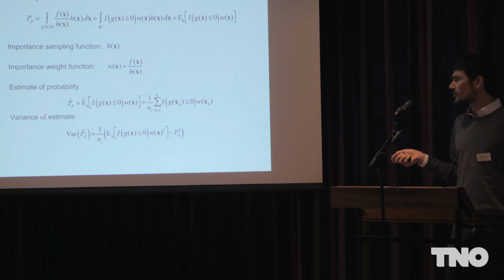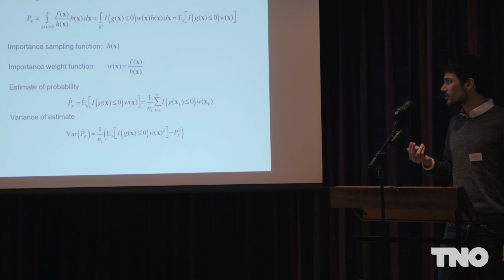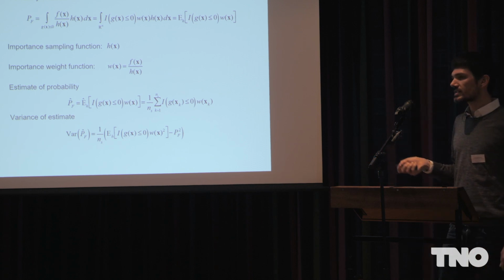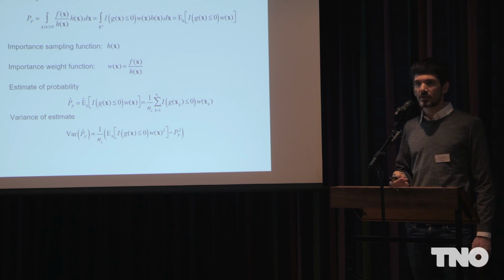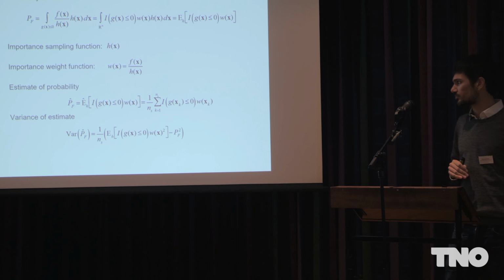The variance of the estimate of the probability of failure is given by this expression here. Depending on the choice of the importance sampling function, this variance can become significantly smaller than the one that we saw before with the Monte Carlo method.